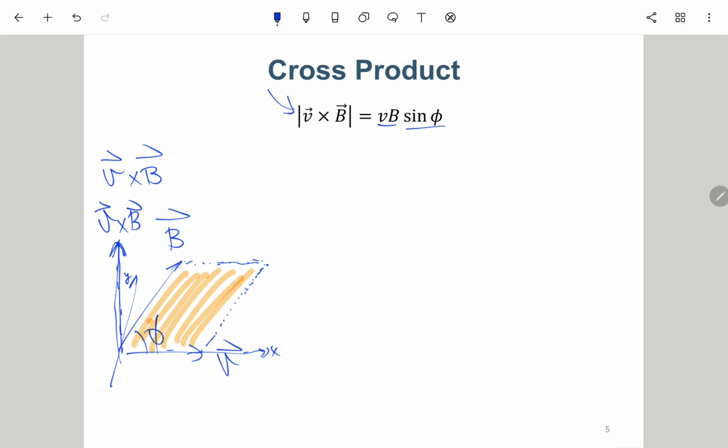If you still remember, suppose this is a triangle with sides V and B. The area of the triangle will be half of B times V times sine of phi.